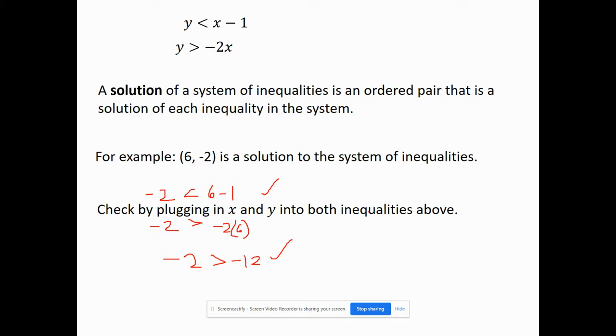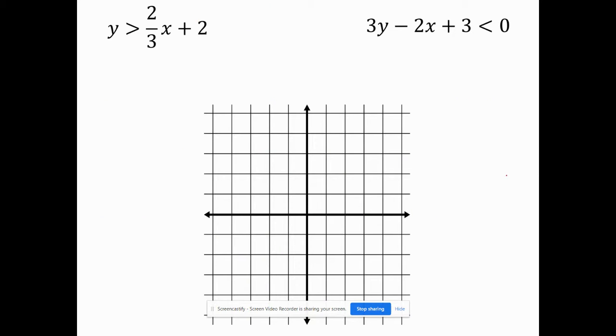So now I want to do another one where you really have to do this by hand. This first inequality is already in slope-intercept form. So we just look at the y-intercept is 2, and the slope is 2/3. So I rise 2, run 3, and that's where another point is.